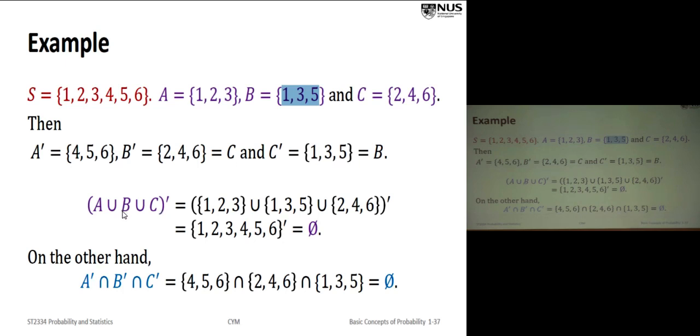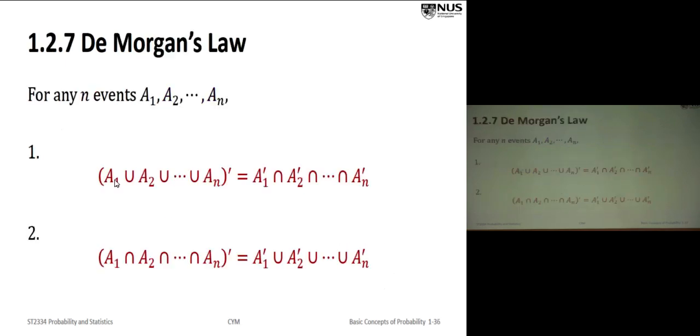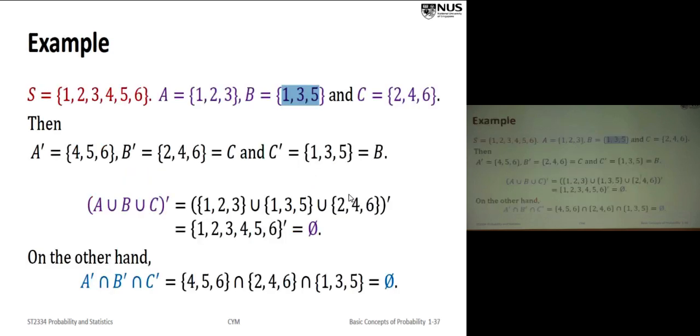So now, De Morgan's law number 1 says I take the union of n sets and I take the complement. That's the same as taking the n-fold intersection of those complements. Let's look at the left-hand side. So A union B union C, what does it mean?